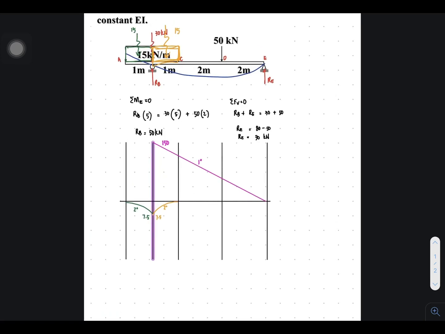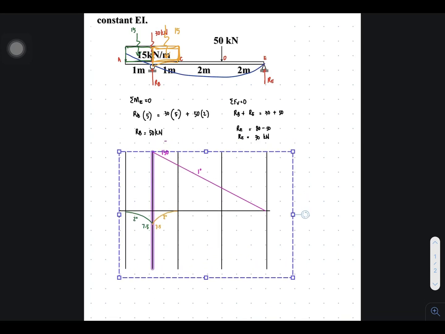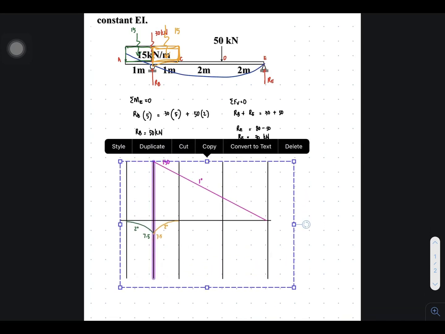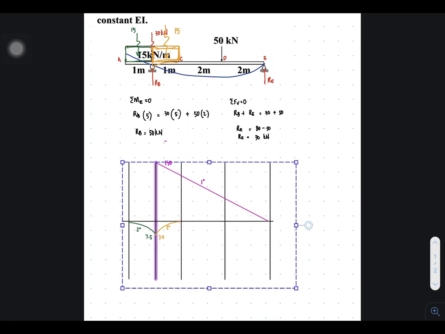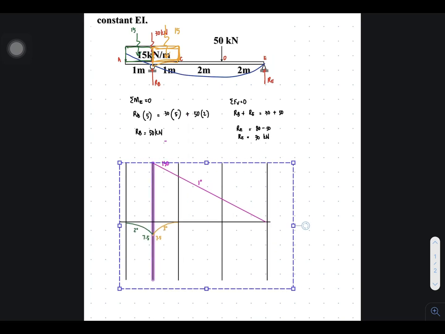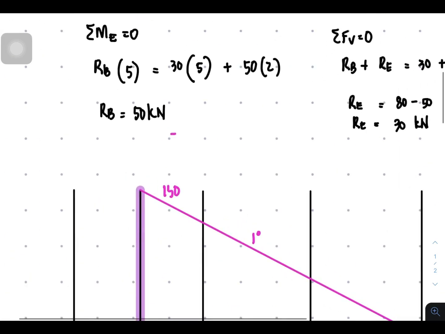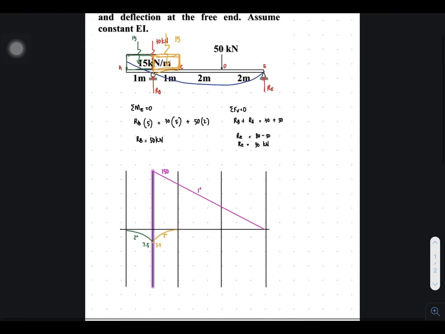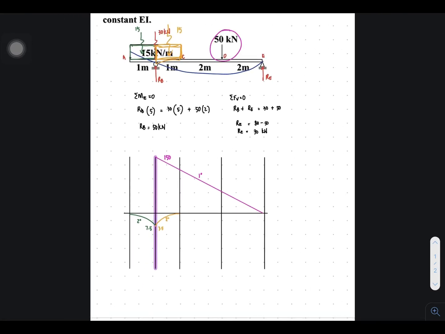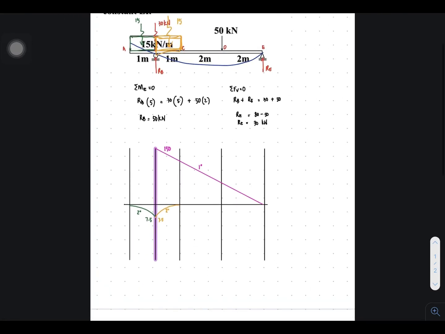Can I just move this down? And then, oops, 5 is left there. Okay, and then the other one is 50 times 3, downward.